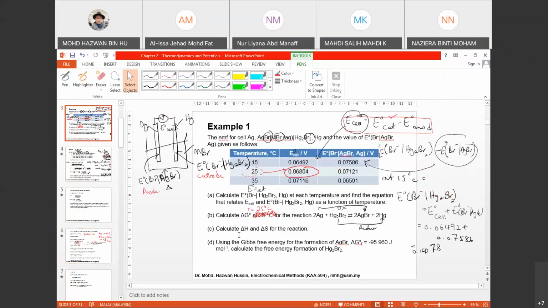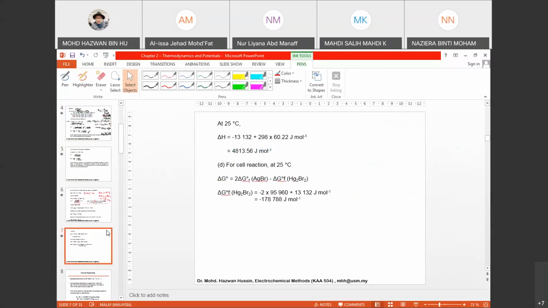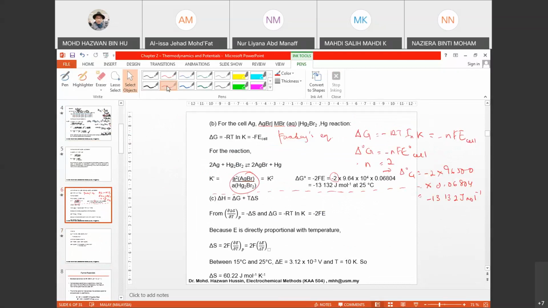Question C, calculate delta H and delta S for the reaction. For this one, you need to use the Van't Hoff equation to calculate delta H and also delta S. So first you can calculate delta S. You know that from this representation, delta S is equal to the change of delta G over dT.